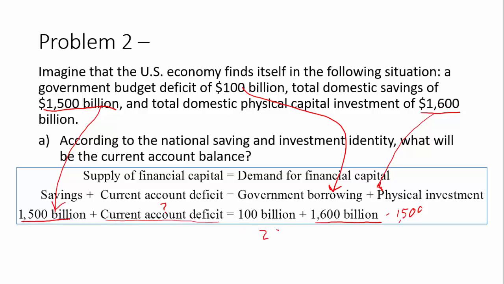So it's going to be 200 billion dollars that equals our current account deficit. If we work this math out, we do our 100 billion plus 1,600 billion minus 1,500 billion. That's 200 billion. That's our current account deficit.